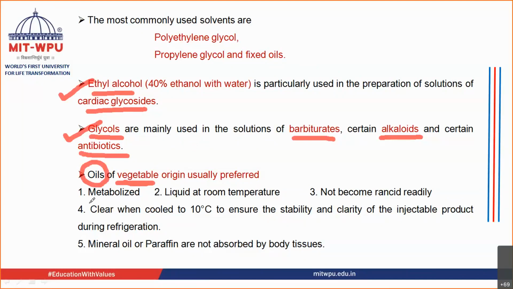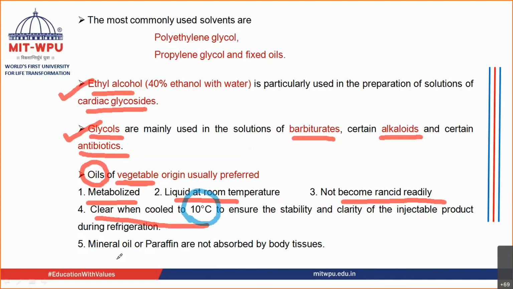The reason being that they are metabolized inside the body, they are liquid at room temperature, that is the fluidity factor that I talked about. Then they do not undergo rancidity very easily, and they remain very clear when you cool them to 10 degrees Celsius. Now, if you have some injectable which requires refrigeration, in that case this property becomes very important, so that they remain clear when you are cooling them in the refrigerator at 10 degrees Celsius.